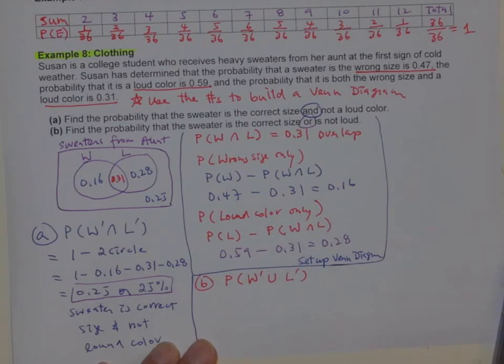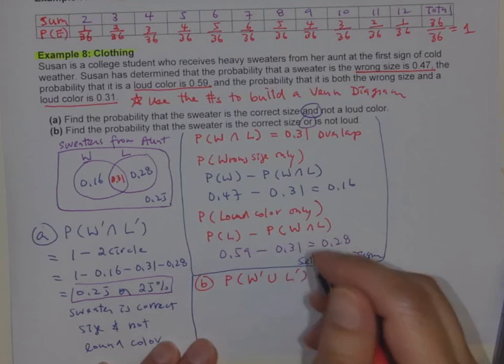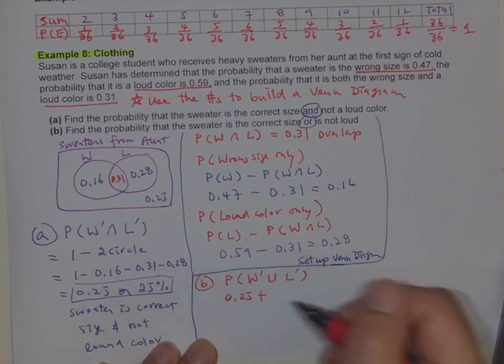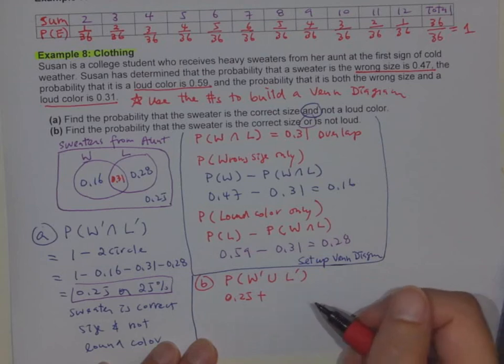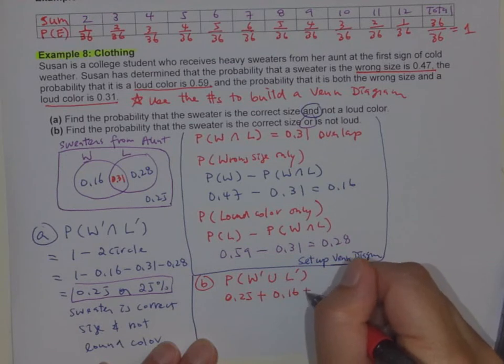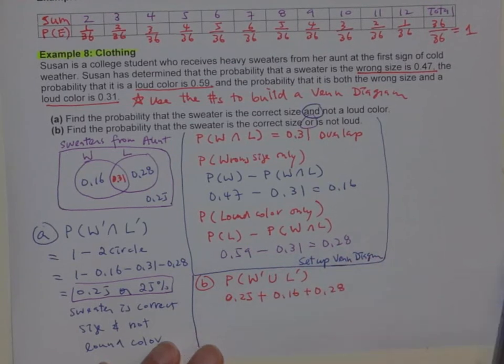So they say there is a theorem, it's basically the same as intersecting the complements. So we can say that not wrong, we got 0.25 for sure because it's outside, plus 0.16 plus 0.28.